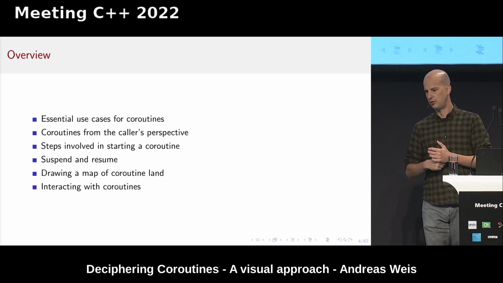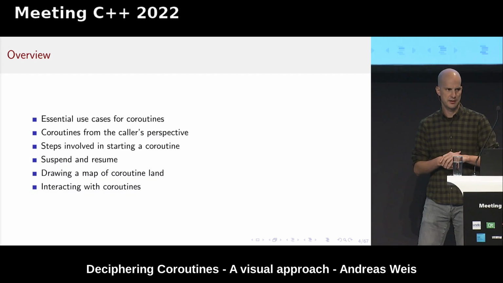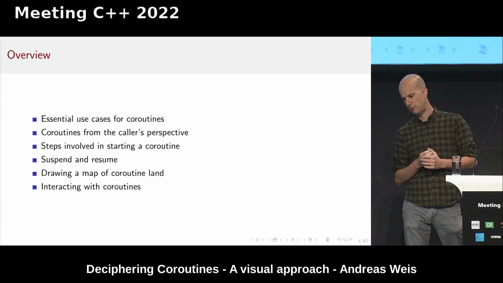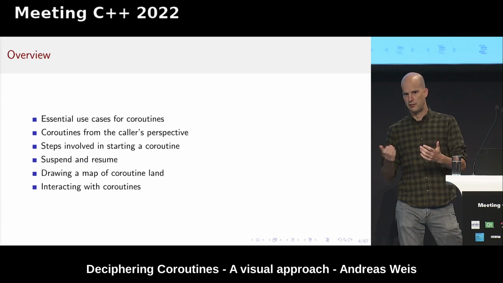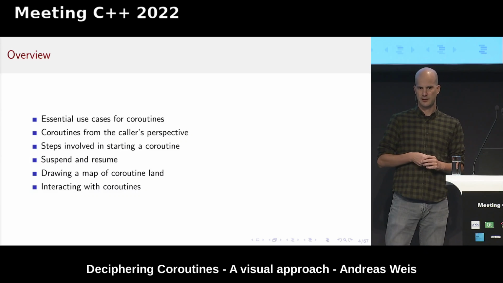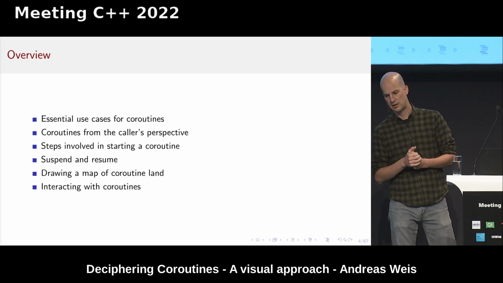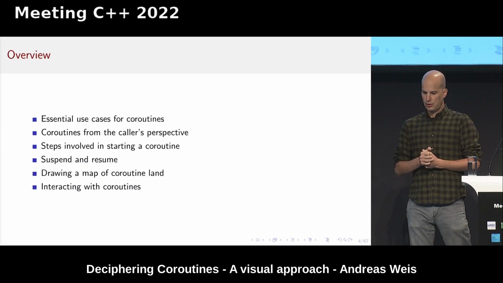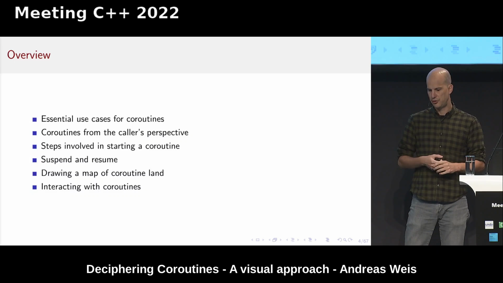So what are we going to do today? We're going to have a very quick look at the essential use cases for coroutines, why we want them in the standard. Then we're going to examine them from a caller's perspective, how a user of a library would interact with them, for example. We're going to look at all the steps that are necessary to start up a new coroutine.